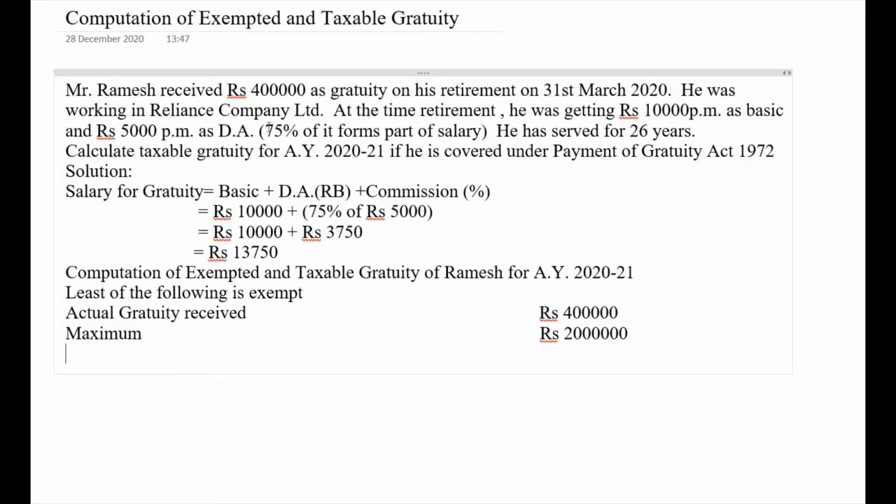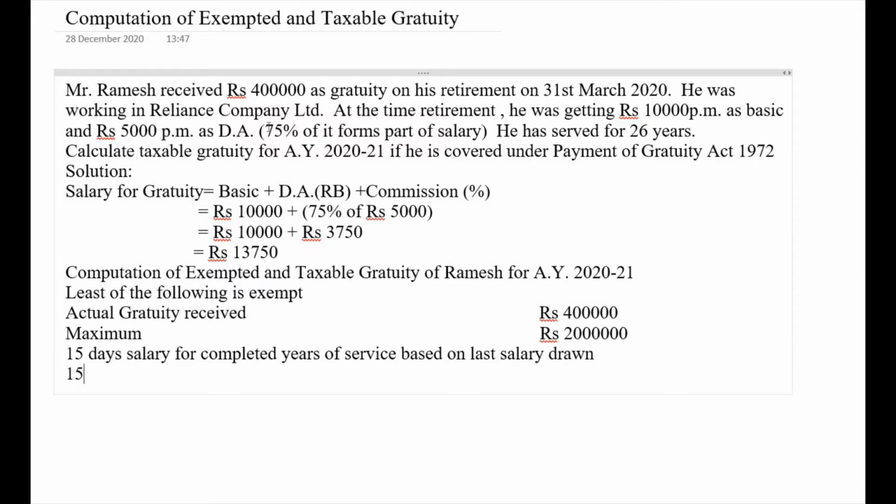Then we should take 15 days salary for completed years of service, based on the last salary drawn. So this equals 15 divided by 26, taking 26 days as the working days, into rupees 13,750, and here he has put in 26 years.